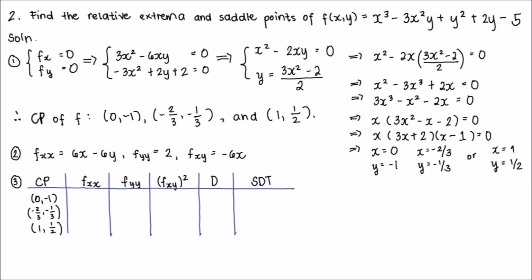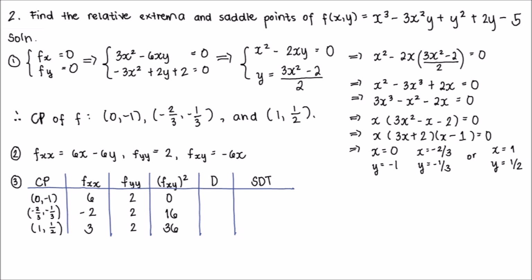For (0, negative 1), 6x minus 6y is positive 6. For the next one, please do check that it is negative 2. And for (1, 1/2), we have positive 3. The next column is constant, so there is nothing to evaluate. And for the last one, we square negative 6x, so we have 0, 16, and 36.